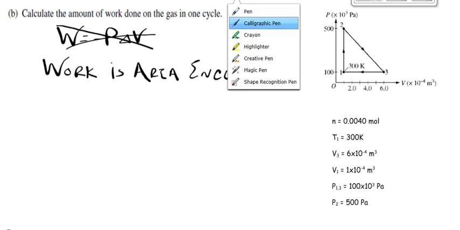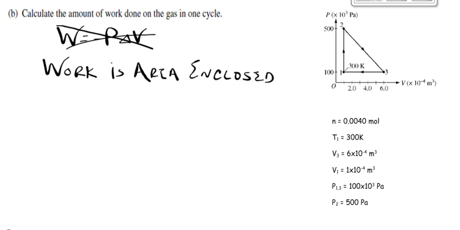What area enclosed am I talking about? That would be this area in here. Anything enclosed. That doesn't mean everything underneath of it. Because this is going in this direction and this is going in this direction, we're actually going to subtract the areas.